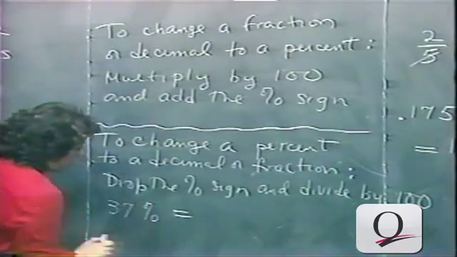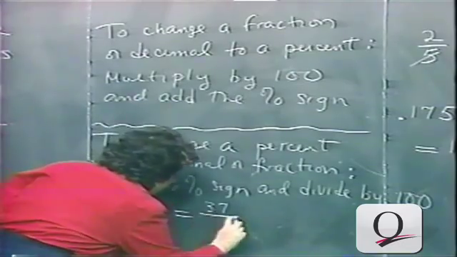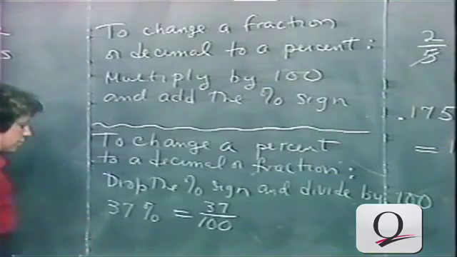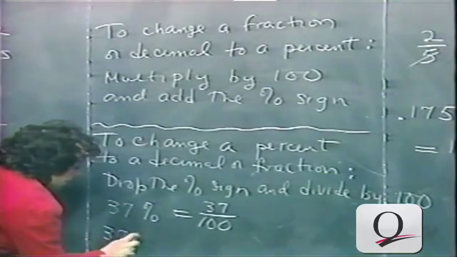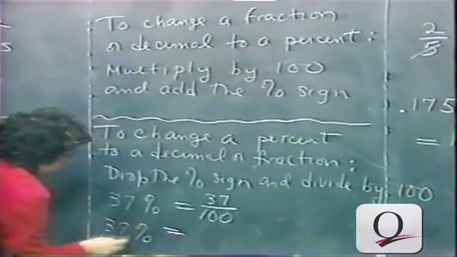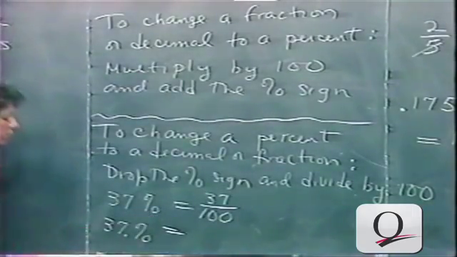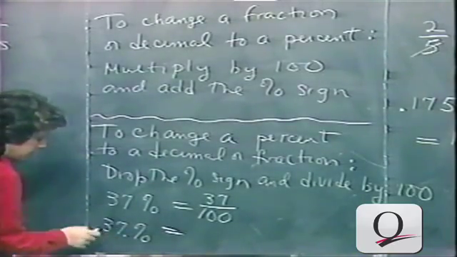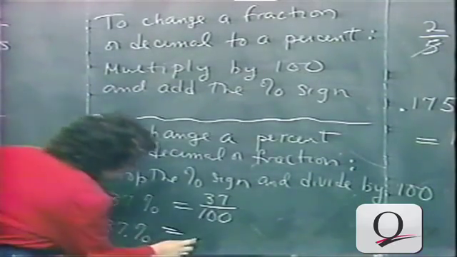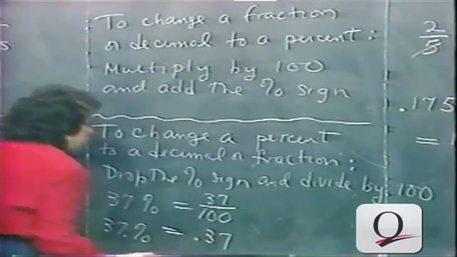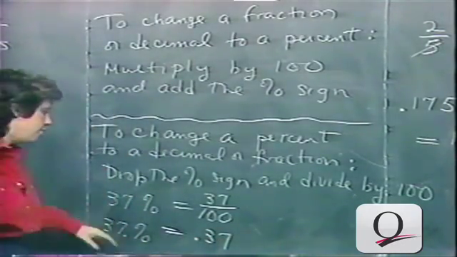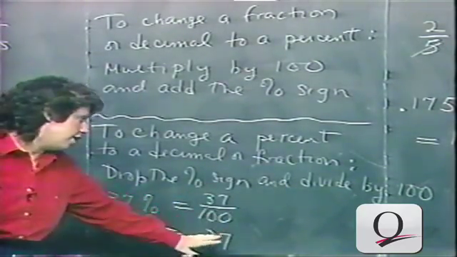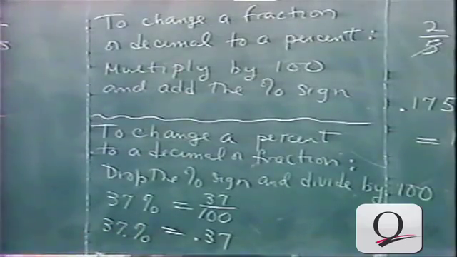You can write it as 37 divided by 100, or you can think of this as 37.0 and move the decimal 2 places to the left and drop the percent sign to get 0.37. In this way, we can change a percent to either a decimal or a fraction, dividing by 100 and dropping the percent sign.